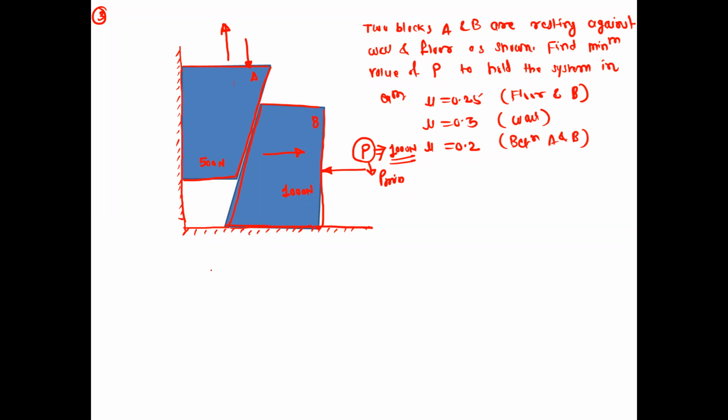So the impending motion for block A is in the downward direction, and because of that, block B will slide towards the right side. So the impending motion for block B is towards the right.